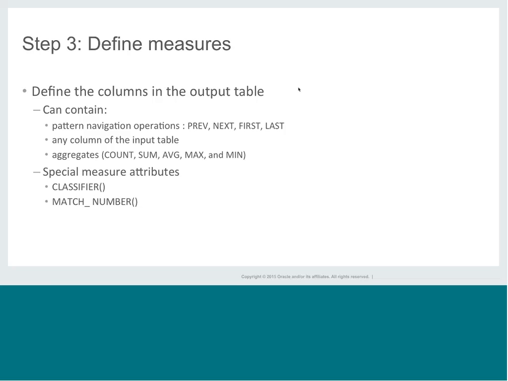So a lot of the mathematical functions that we have still apply here. In addition, and this gets onto a subject that we'll look at in a future session, we have some special built-in attributes called classifier and match number, and we'll have a look at those in a minute.